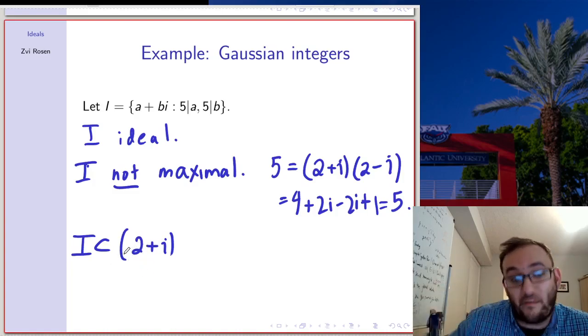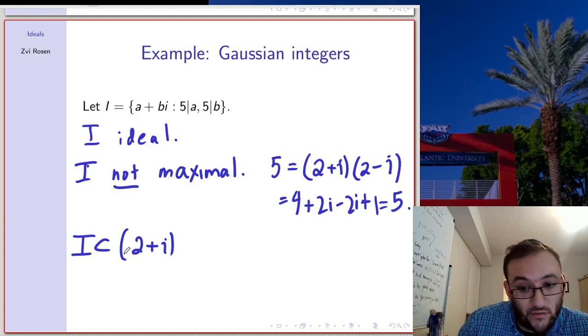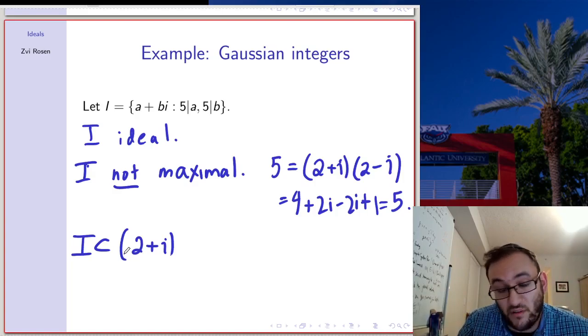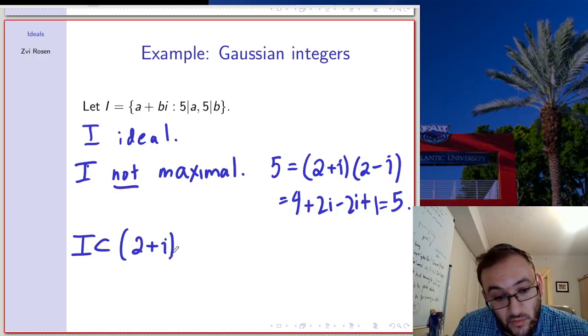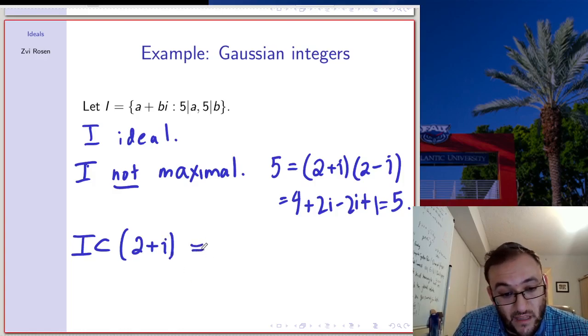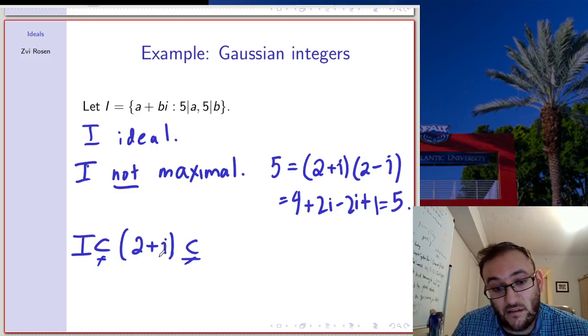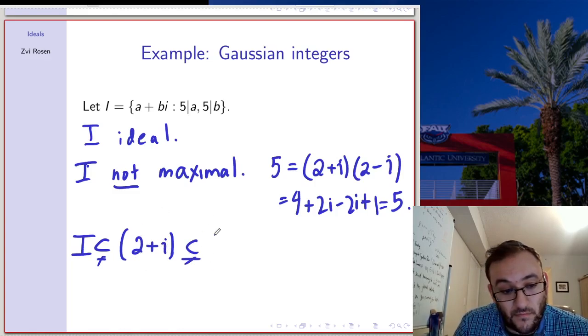Then you multiply that by i, you get any imaginary multiple of 5i. So that means that this is in the ideal generated by 2 plus i, which obviously doesn't generate the whole ring.